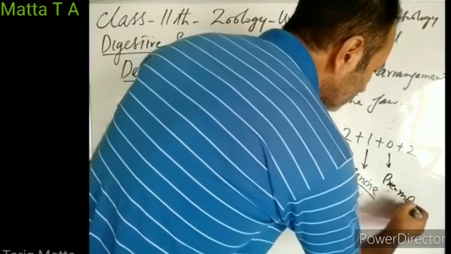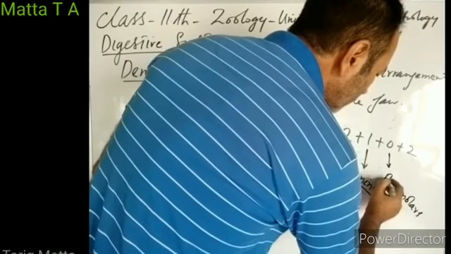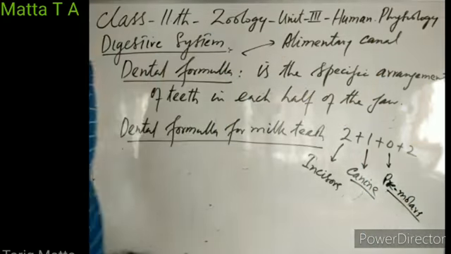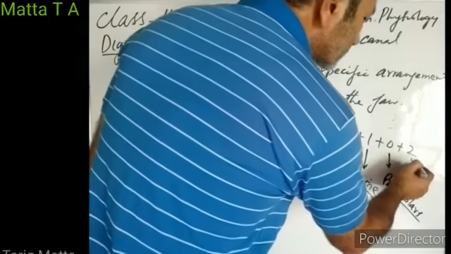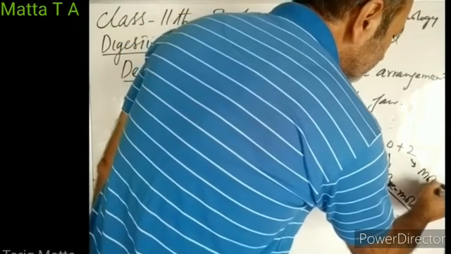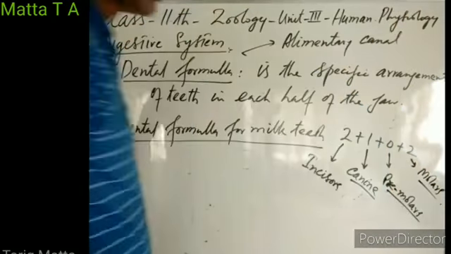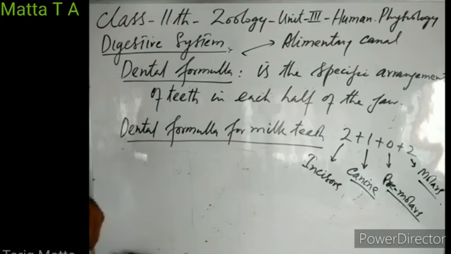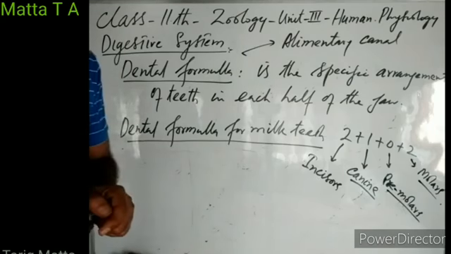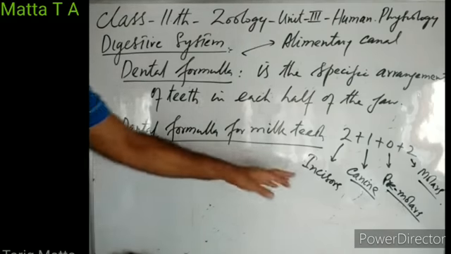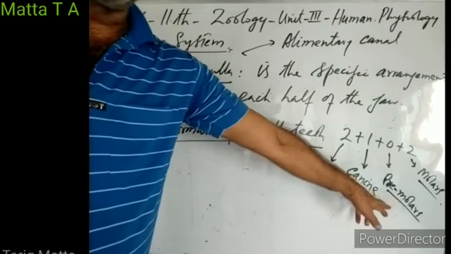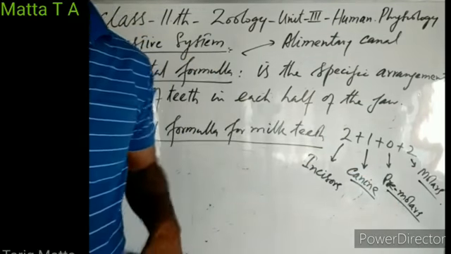In infants, there are no premolars, so we don't have premolars in our milk teeth, right? Then there are two molars. So this is the dental formula for milk teeth: 2 plus 1 plus 0 plus 2. So there are two incisors in each half of the jaw, one canine, zero premolars, and two molars.